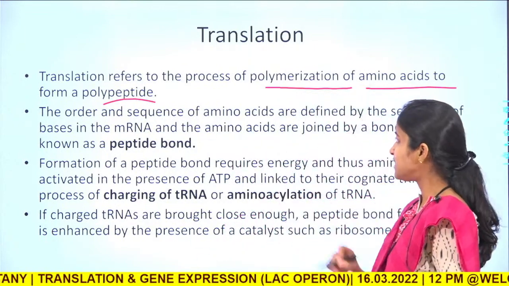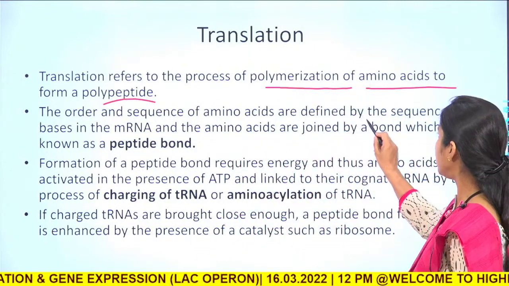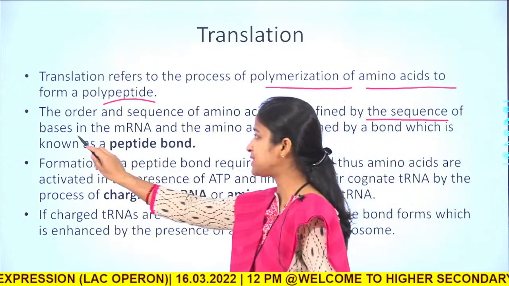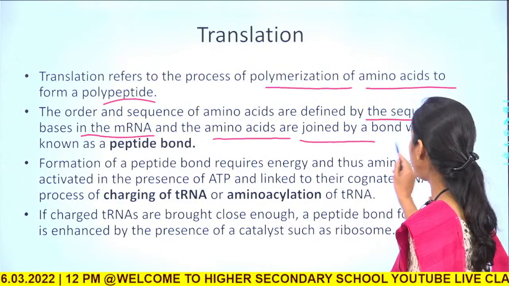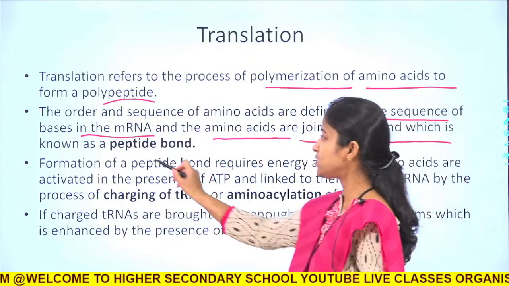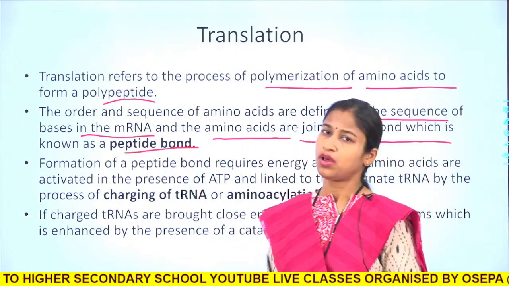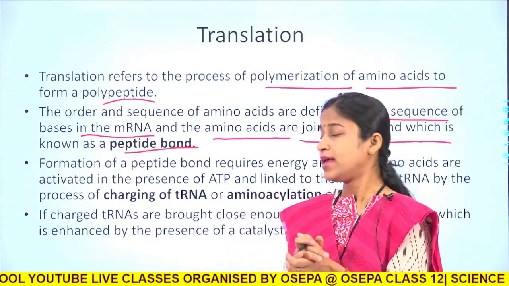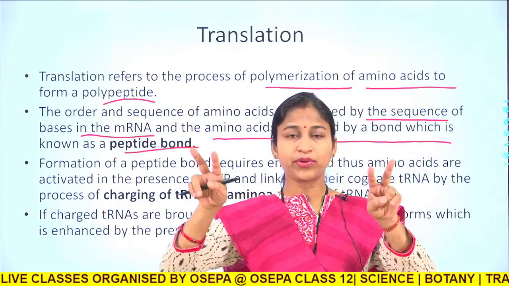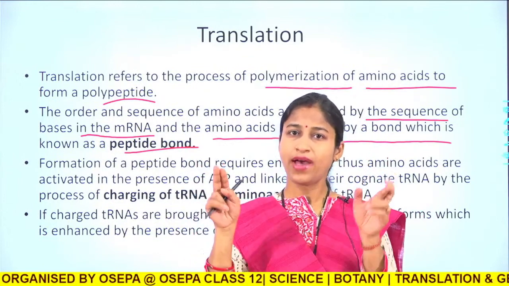So, the order and sequence of amino acids are defined by the sequence of bases in the mRNA, and the amino acids are joined by a bond known as the peptide bond. We already have discussed how a peptide bond is formed between 2 consecutive amino acids.